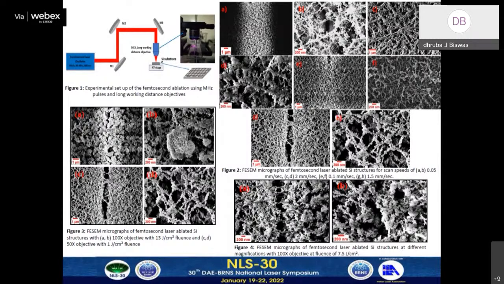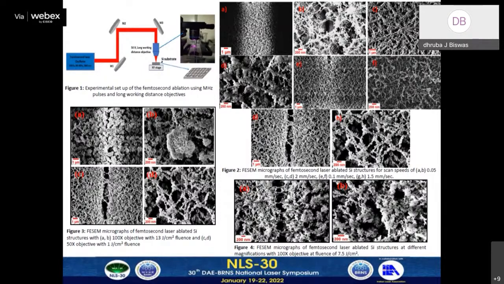In comparison, you see an image for the 50x objective with the same laser power and same scan speed. We wanted to see if we can go back to these web-like structures by changing the laser fluence for the 100x objective as well. So we decreased the laser fluence for the 100x case, and as you can see in figure 4, we got back to the web-like nanostructures for the 100x objective as well. So we believe that there is a threshold fluence for the formation of these web-like structures.